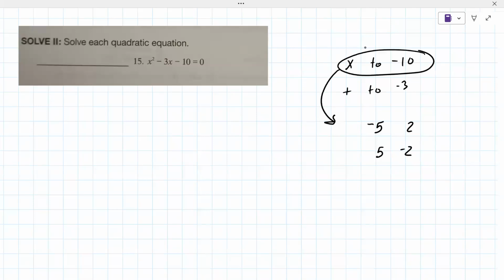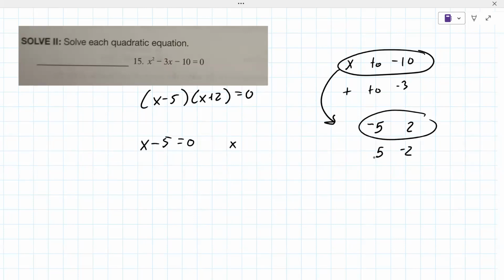I'm going to say the 2 would be negative. Oh, the top one then. x = 5. Plus 2, 0. So go ahead and solve those for us, please.